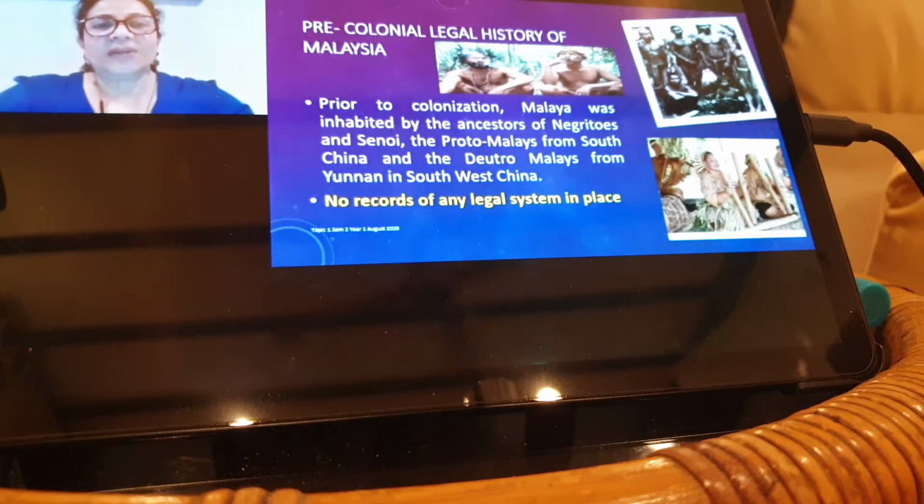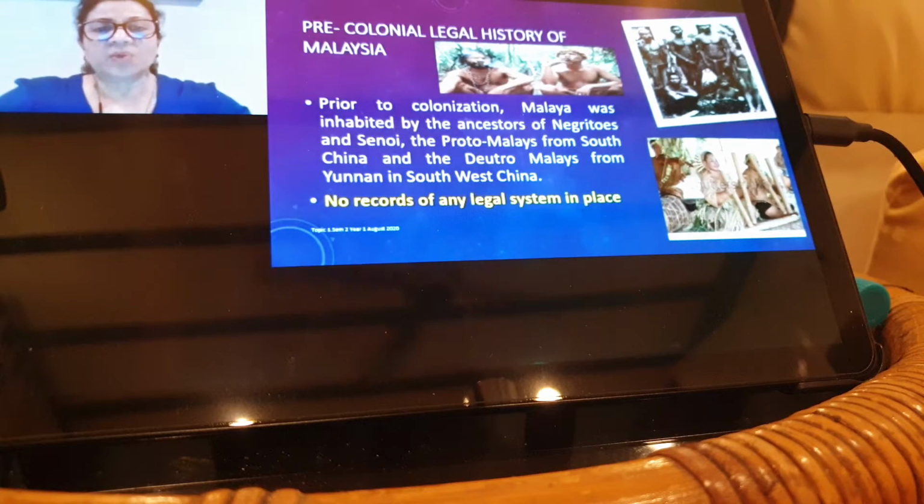Now, when we look at the pre-colonial legal history of Malaysia, you will find that there were no records of any legal system in place.